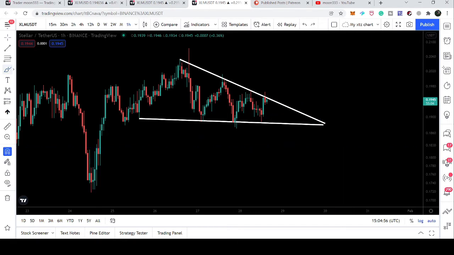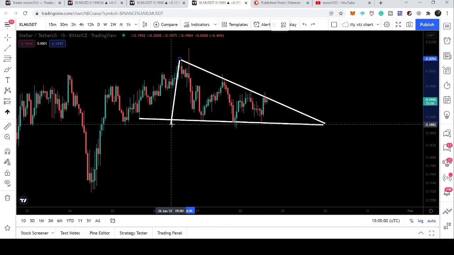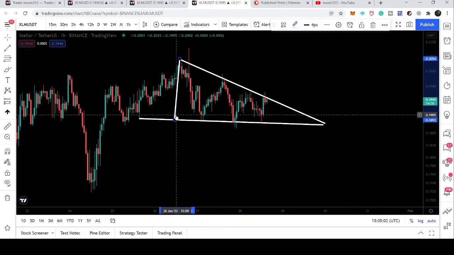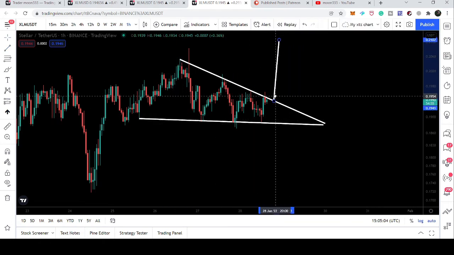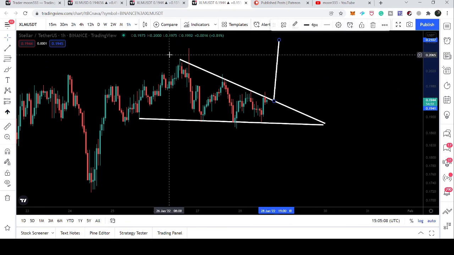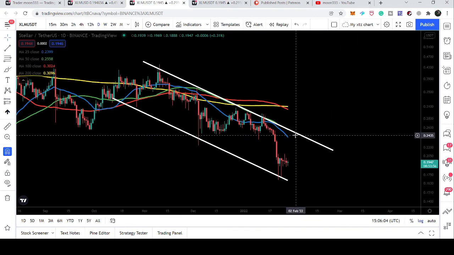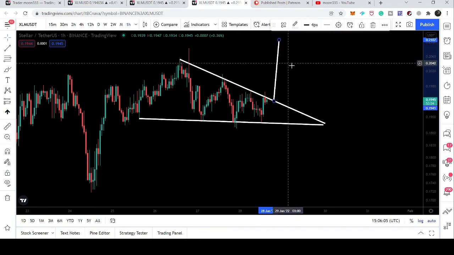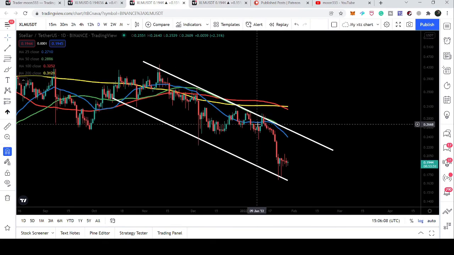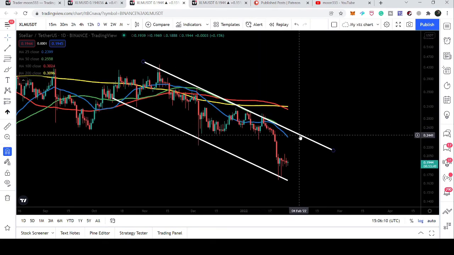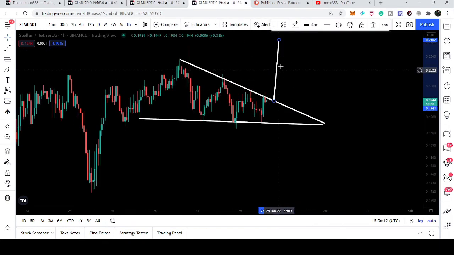If the price line breaks out this resistance of the triangle, then our next target will be 21 cents, and that will be very close to the resistance of the channel. Therefore, after breaking out the resistance of the triangle, the probability will increase that the price line will make another attempt to break out the resistance of the channel as well.